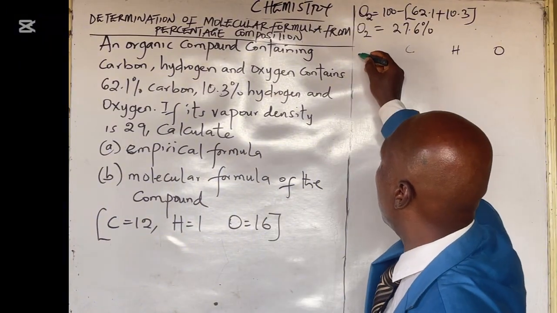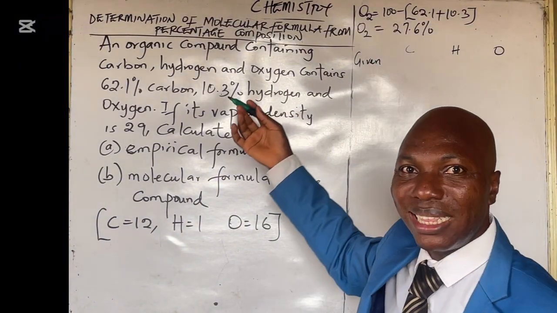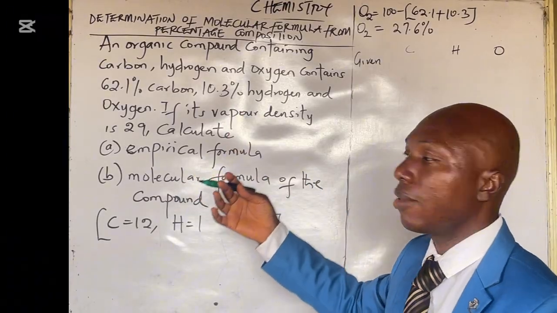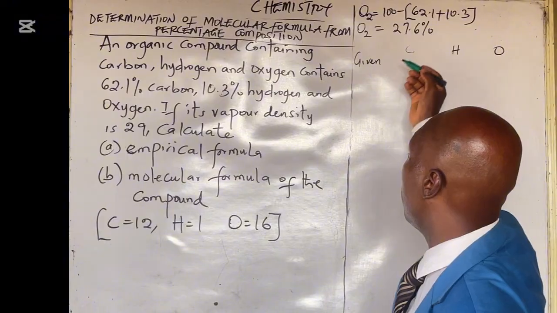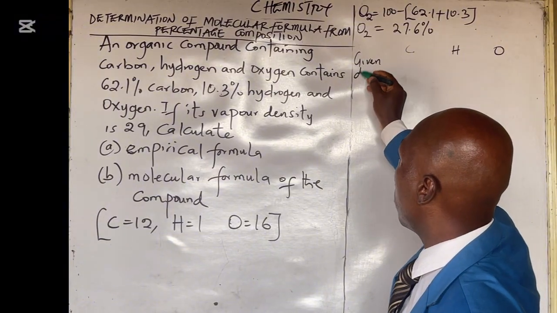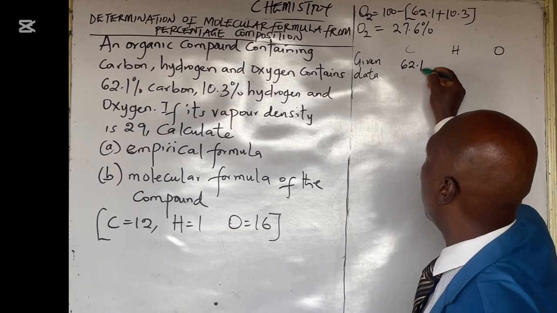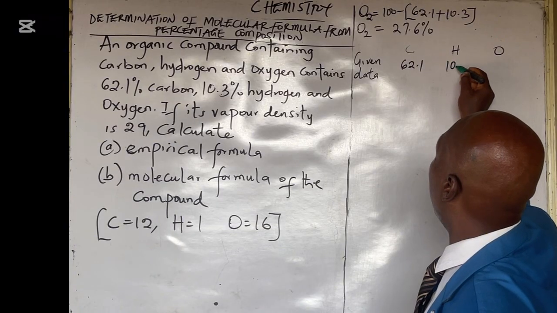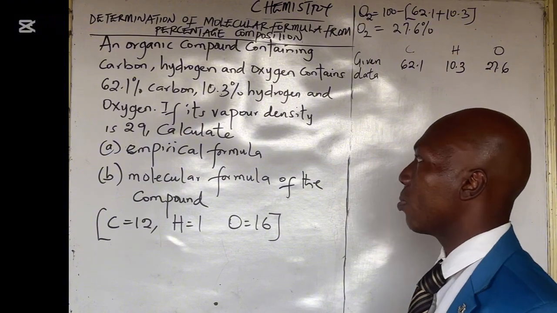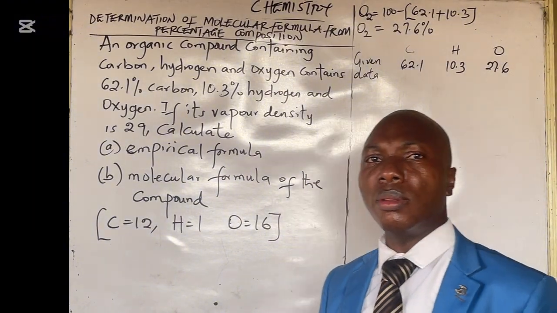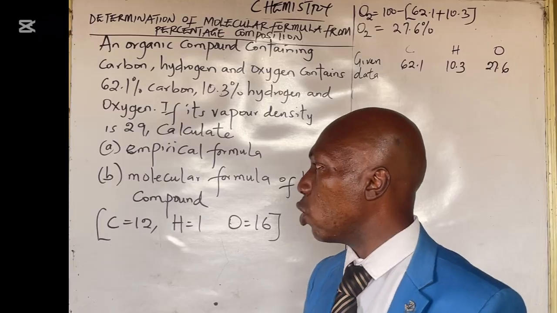Given mass or given percentage are almost equivalent for this course. So the given data, we have 62.1, 10.3 and 27.6.